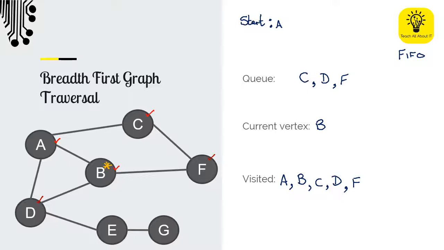We are going to dequeue C, change that to the current vertex, and move over here.